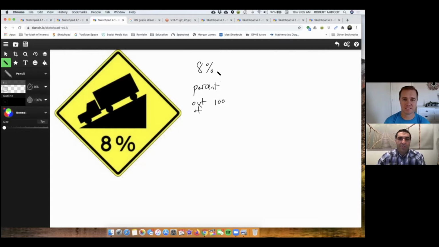So if you're saying 8%, that's the fraction 8 over 100. And the slope here is 8 over 100. We could just pick our units, let's say feet, for example.